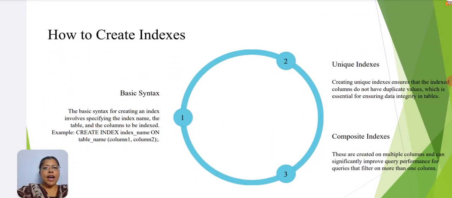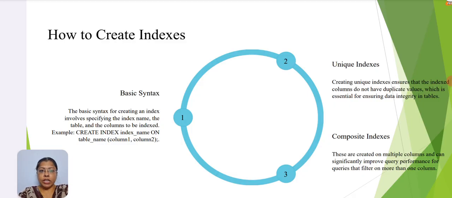Next, how can we create indexes? We can create indexes using a query like CREATE INDEX. We need to use the command CREATE INDEX, and there we enter the index name and the table name where we need to create the index. For example, if we need to create an index for the student database, the table name should be the student database.